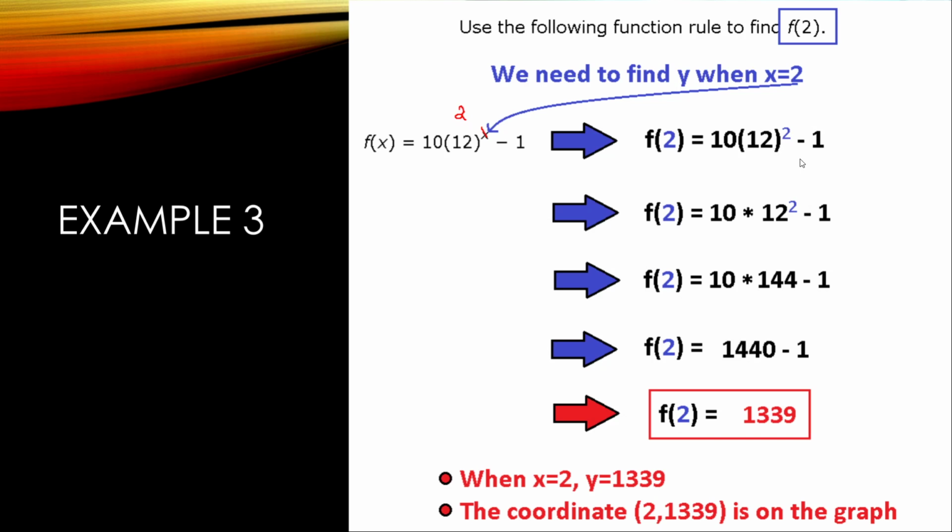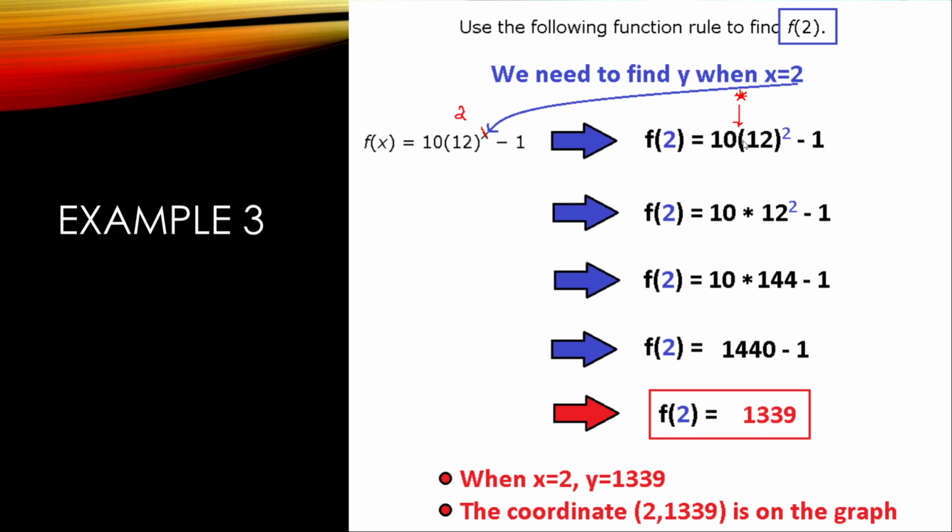So now we have 12 squared instead of 12 to the x. So we have 10 times 12 squared minus 1. Remember, when we don't see any addition, subtraction, or anything like that written between these, that means you go ahead and multiply. It's a star there.